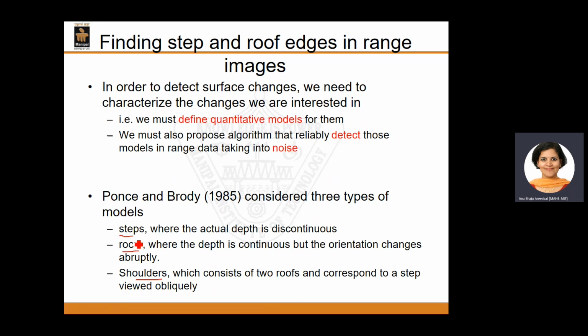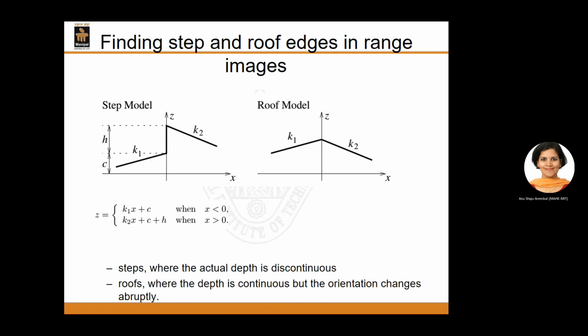Steps are where the actual depth is discontinuous. Roofs are where the depth is continuous but the orientation changes. Shoulders consist of two roofs and correspond to a step which is viewed obliquely.